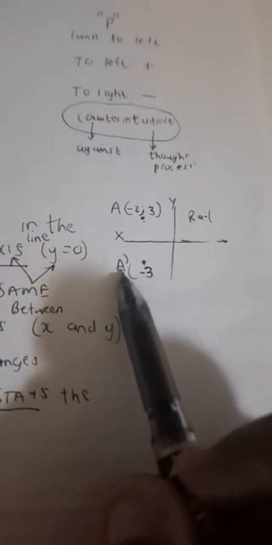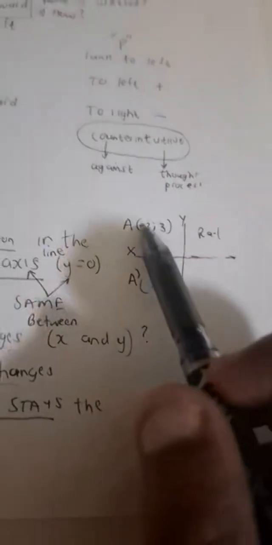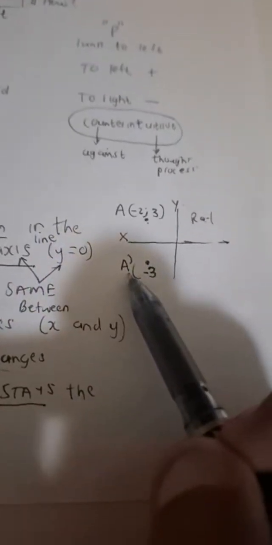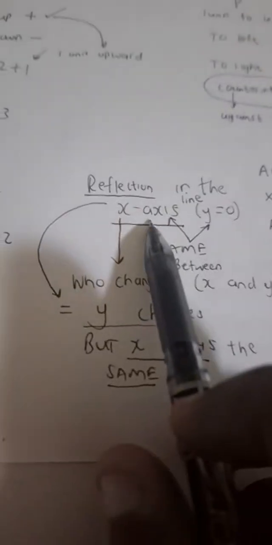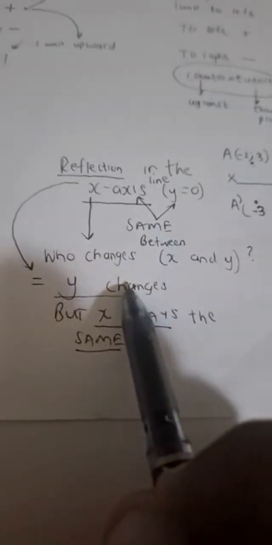Then the image of A is reflected in the x-axis. What is the image of A? If A is reflected in the x-axis, who changes? It is y.